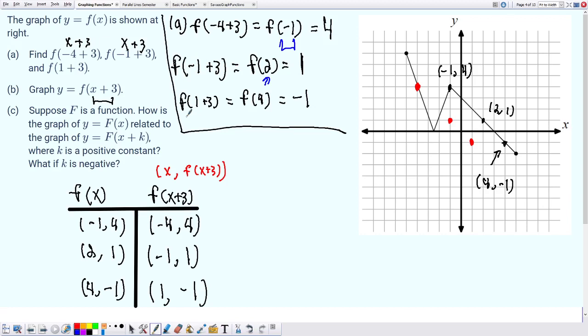So we took the x values that we're using here and added 3 to them, and then had the output of the function that's the same as this one. So we can rewrite this as the set of points x plus 3, because we kept adding 3 to those points, such that we have f of x plus 3 as our output.